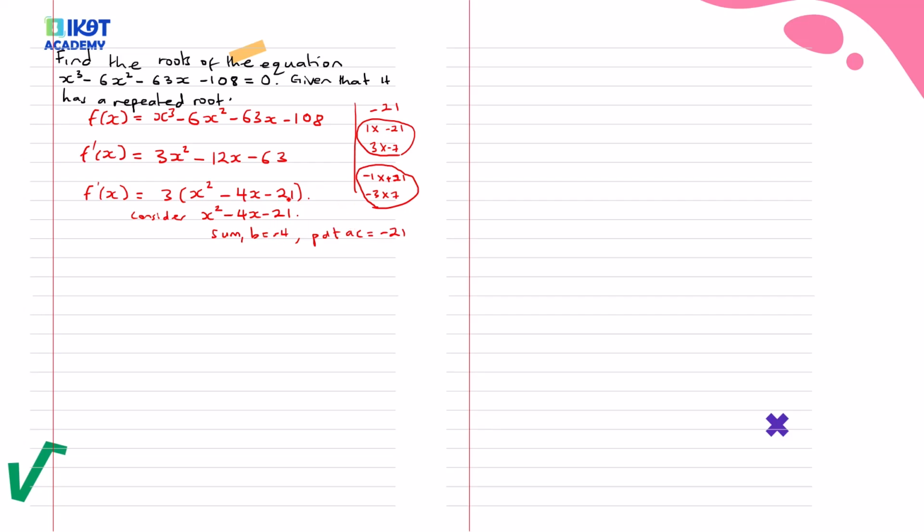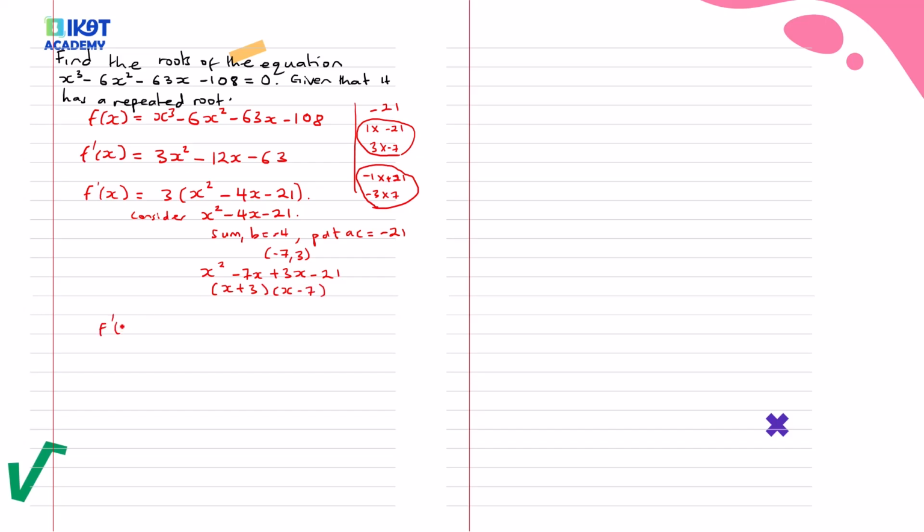And I think for this case it's going to be negative 7 and 3. So this is x squared minus 7x plus 3x minus 21, which eventually becomes x plus 3 times x minus 7.